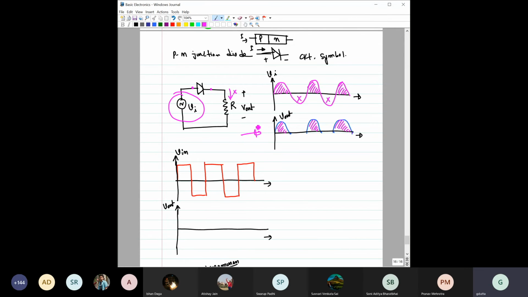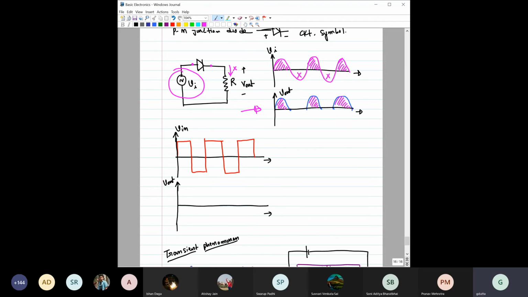But let us also think about this phenomenon: instead of applying one sinusoidal signal, it is also possible that we apply a square wave. So here, instead of this, let us say that we are now applying this square wave. When you apply this square wave, what will be the expected output? It should not be difficult to guess.